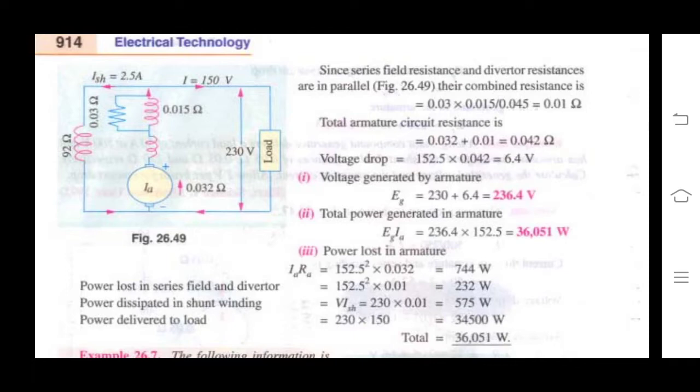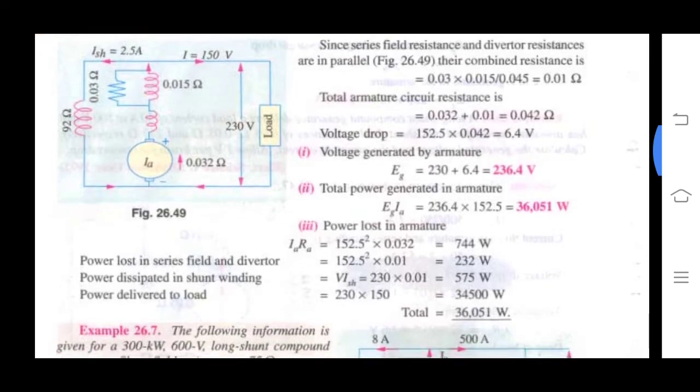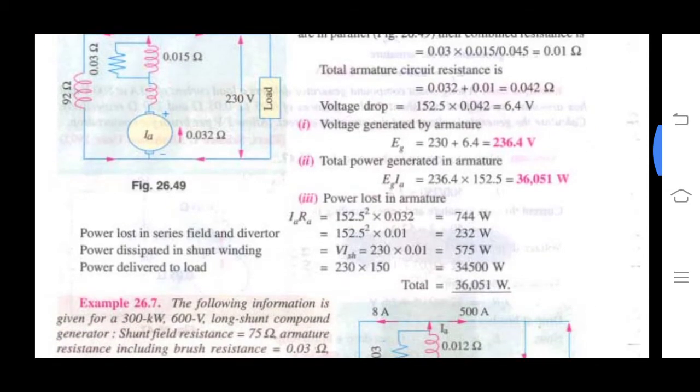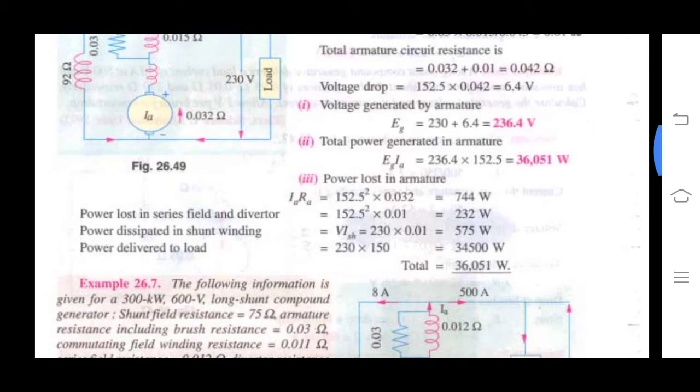Total power generated in the armature is EGIA, where EG is the generated EMF and IA is the armature current. 236.4 into 152.5 equals 36,051 watts.